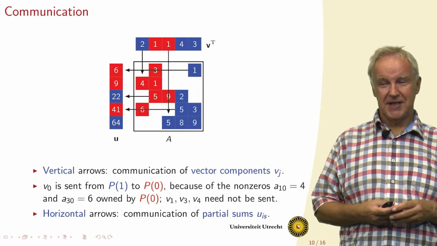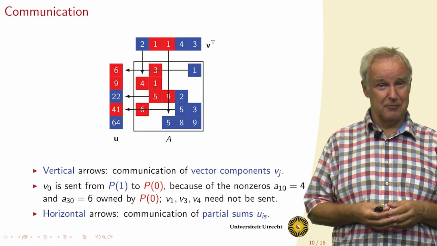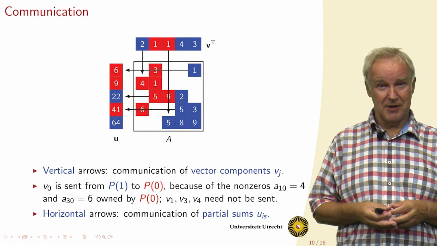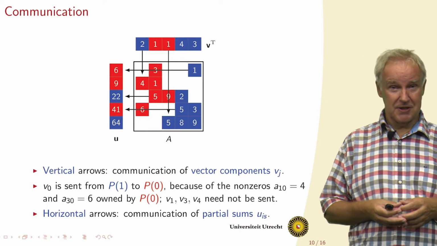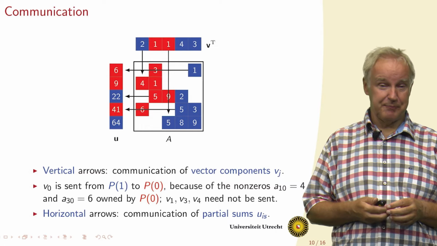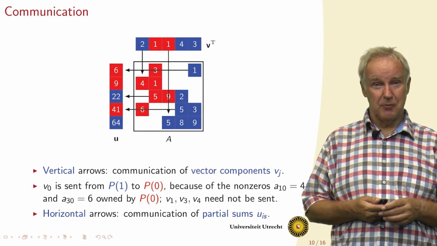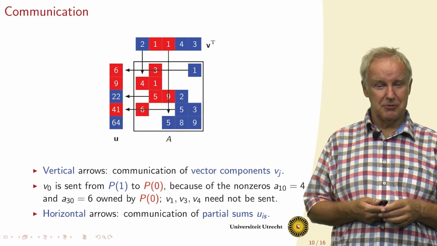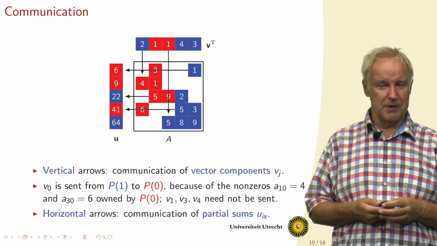Okay, so we've seen the notation of the algorithm, which we're familiar with by now, but we can also visualize the algorithm, where the arrows in this picture denote communication. For example, in column 0, you see that we communicate the element 2 from the blue processor to the red processor because it needs it, for example, to multiply by 4.